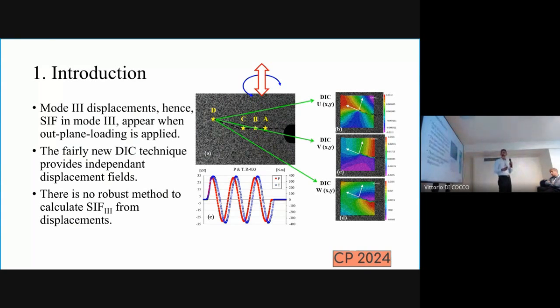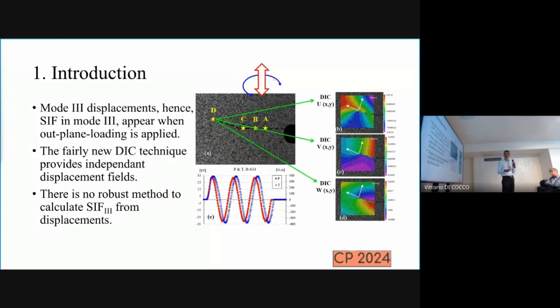So at the end, we used a simplified technique, COD. But it made me think that we need a more robust method to calculate K3 from displacement fields, using the full-field displacement fields given by the digital image correlation technique.